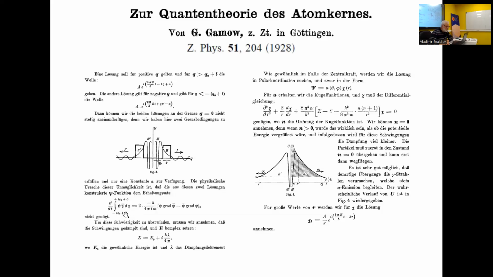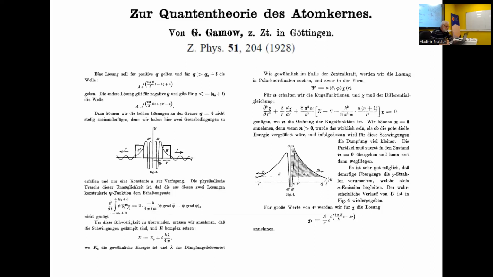If the energy is real, then the probability for a particle to be within this interval does not vary with time, so this time derivative vanishes. But on the other hand, there is flux going to the right and to the left. So this right-hand side, which originates from the divergence term in the continuity equation, is non-zero.